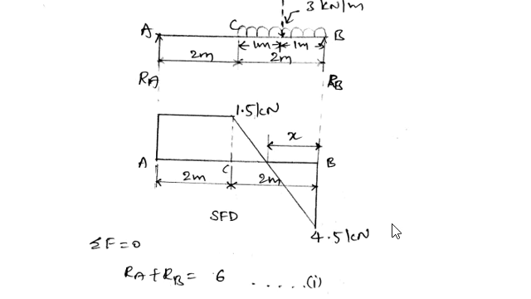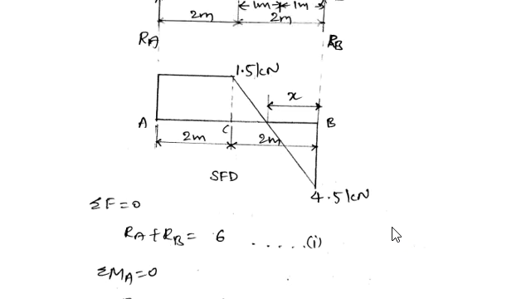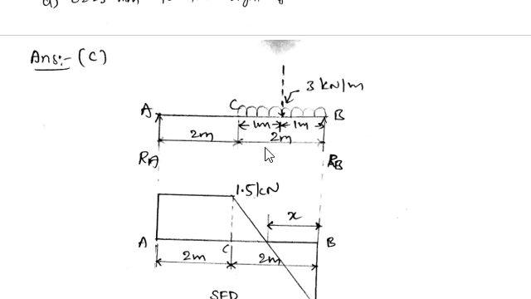And the sum of moments about any point must be 0. So RB into 4 must be balanced by one more moment, that is 6 into the distance, since we have replaced this UDL as a point load, and we can place it at the middle of these 2 meters. So that distance becomes 1 plus 2, 3.